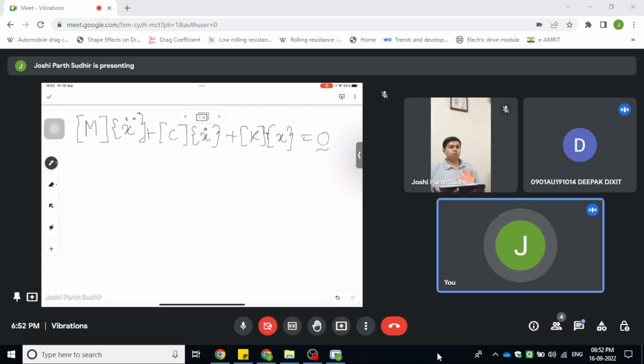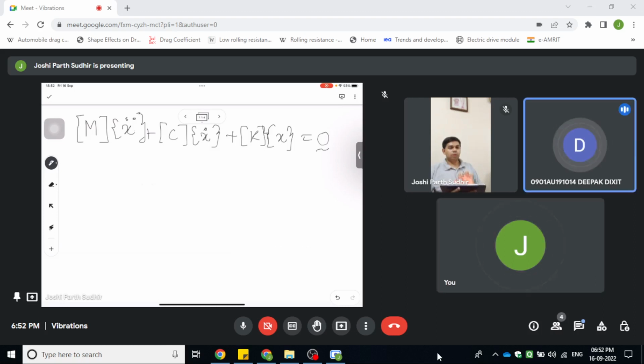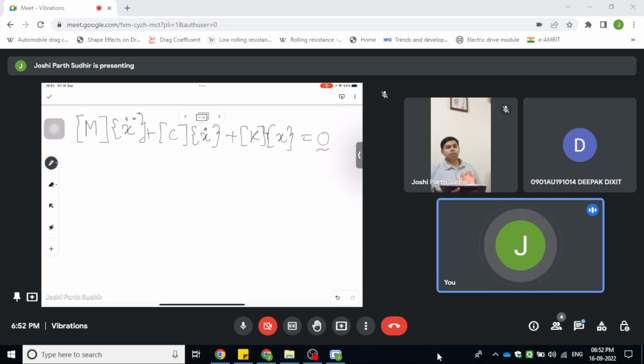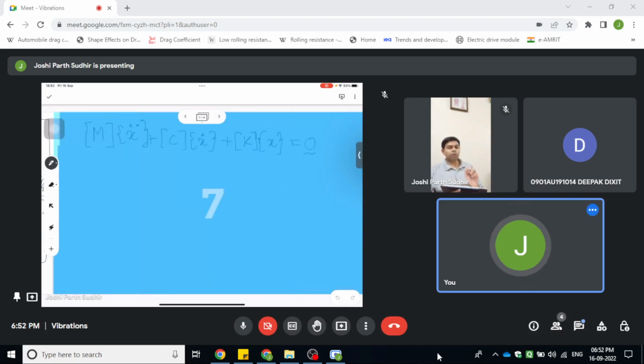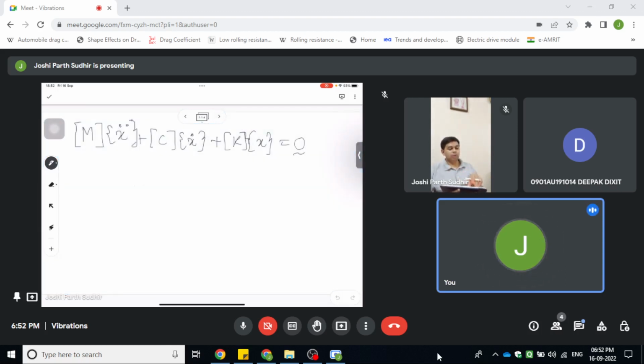The specific mass matrix, stiffness matrix and damping matrix will be different for different systems. So here M is basically the mass matrix, C the damping matrix and K the stiffness matrix.